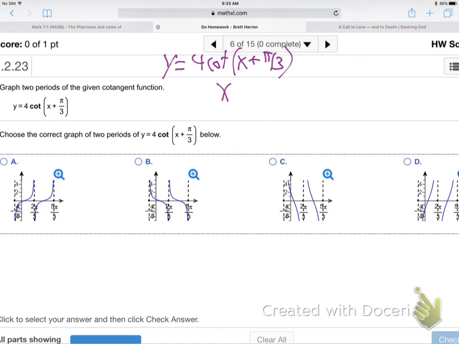All right, we doing good? X plus pi over 3, that's in the middle between 0 and pi.